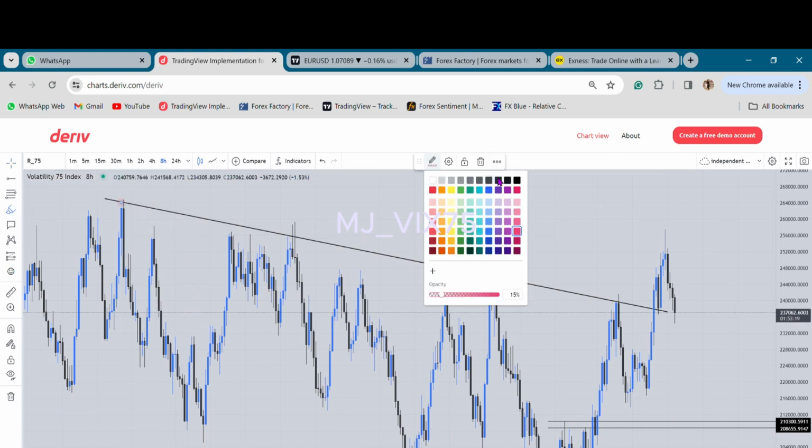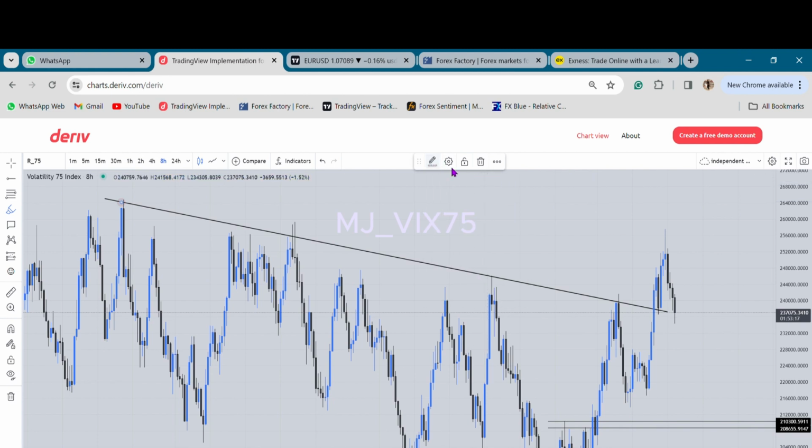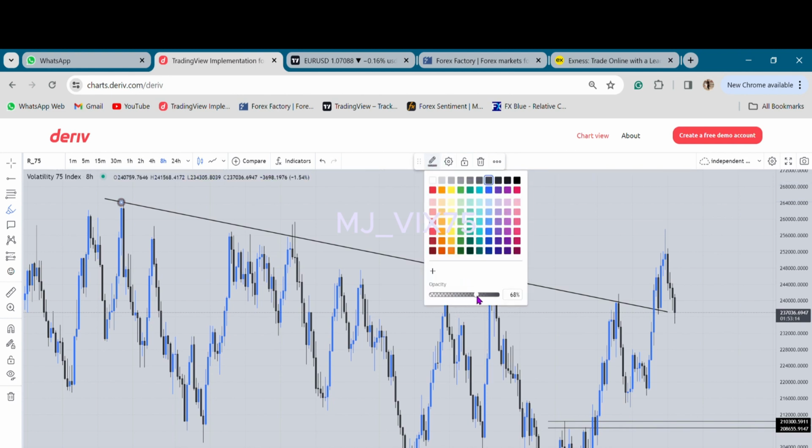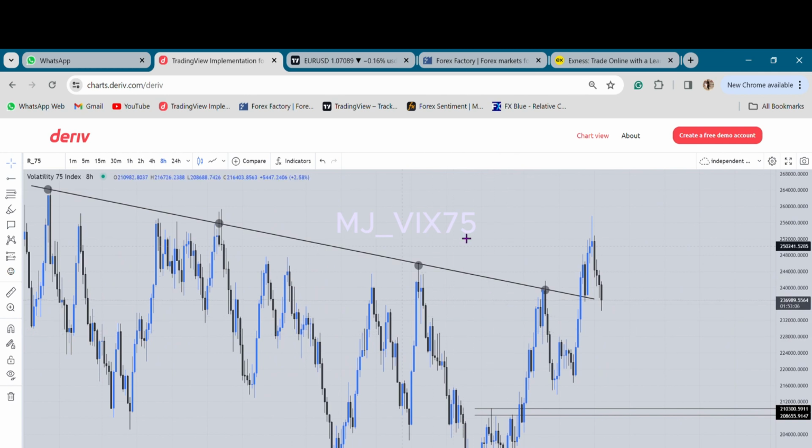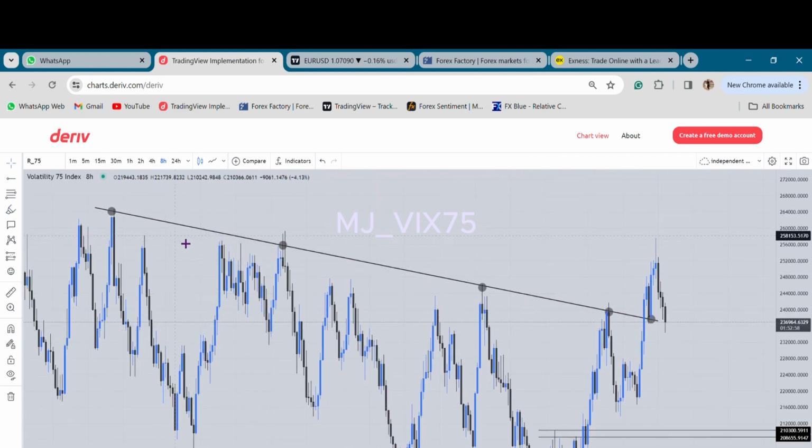Maybe I can change these markers to something a little bit darker so that you can see. So we have this zone here, a touch here, another touch here. Then we also have a touch here that was well respected. With that, we identify that this particular trend line is very strong.